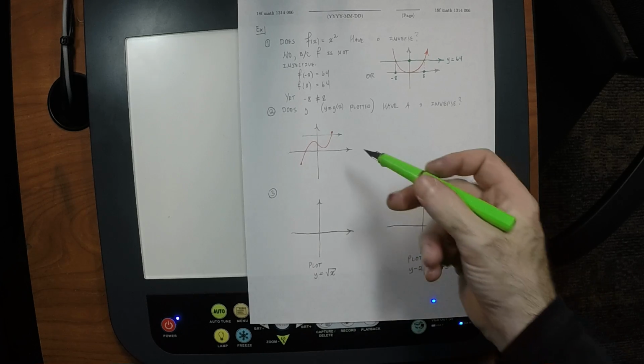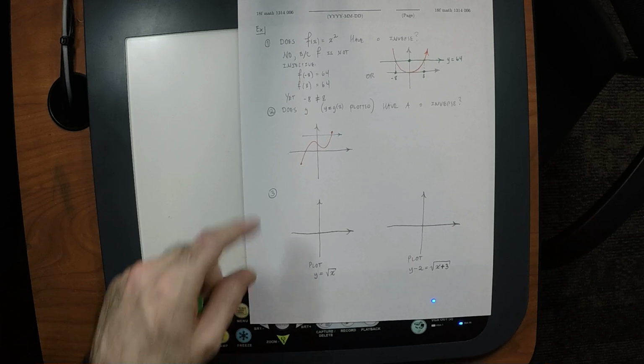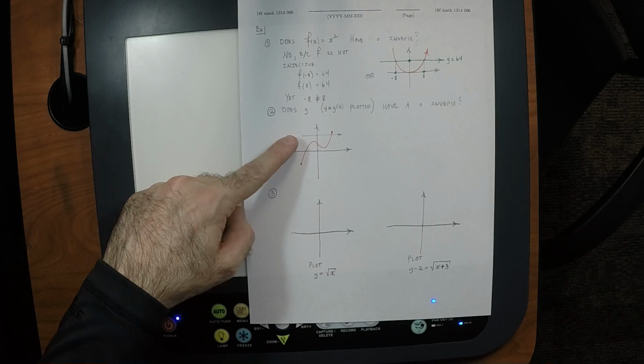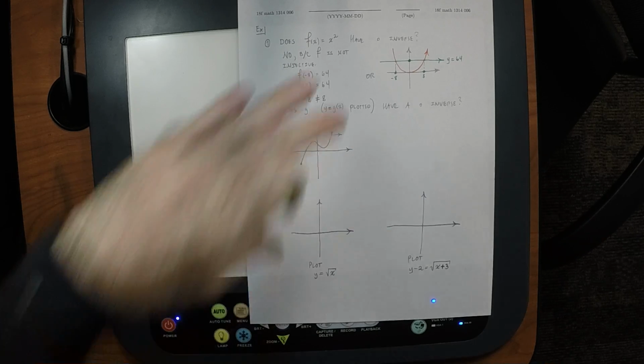But what's wrong with my statement? I know that the horizontal line test has something to do with horizontal lines and 1 intersection. So I found a horizontal line that has 1 intersection. Why is this not enough? It has to work for all lines, right? Not just your favorite line. For all of them.